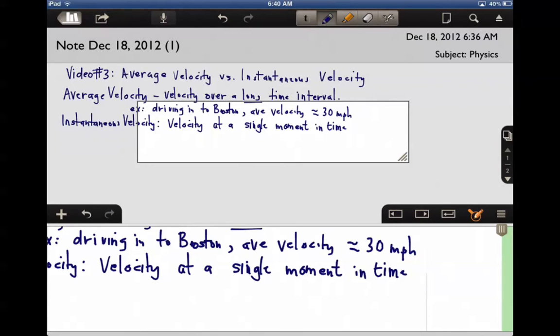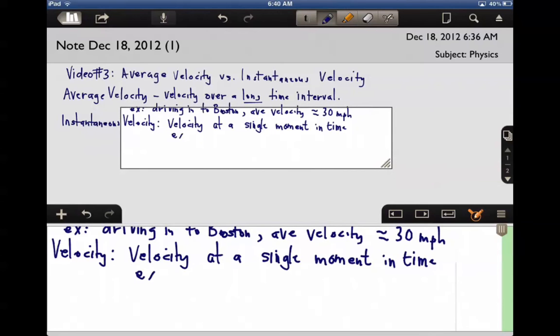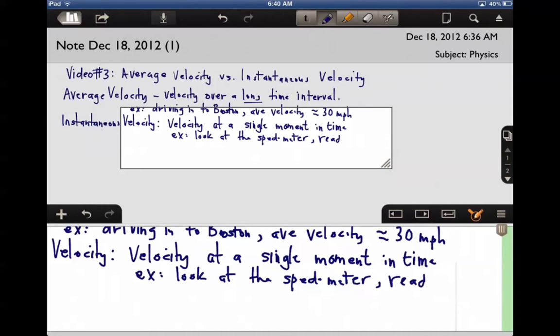If we were driving to Boston, instantaneous velocity would be when I look at the speedometer and it reads 65 miles per hour just as I pass Fenway Park.